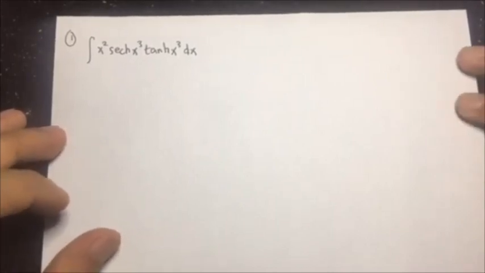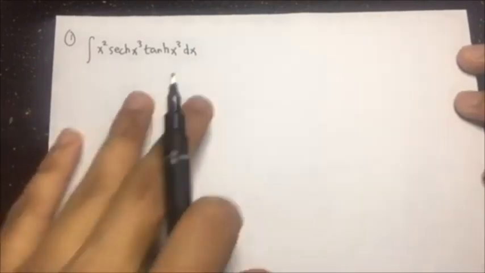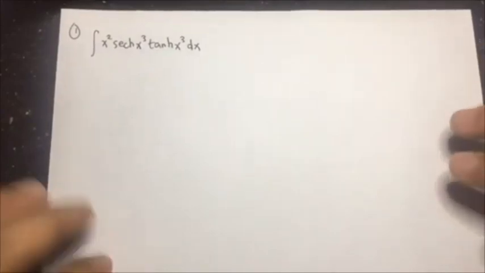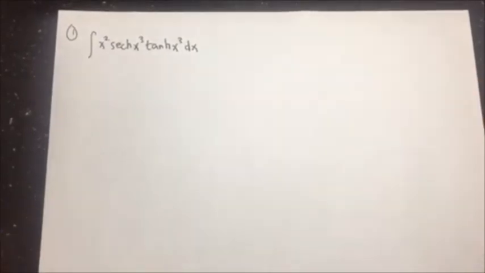Say for example, we have here number 1. The integral of x squared hyperbolic secant of x cubed hyperbolic tangent of x cubed dx. As we can see, obviously it's a direct use of the integration formulas for hyperbolic functions.